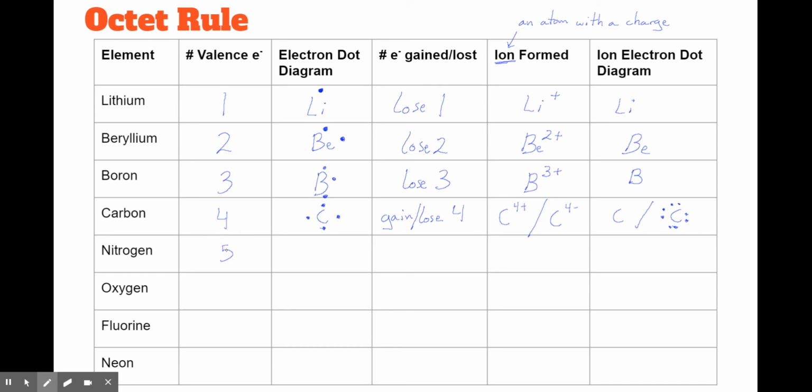Nitrogen and everything in the column with nitrogen has 5 valence electrons. That means that it's going to have 5 dots in its electron dot diagram. Sorry, a little sloppy here. And now we're in the realm of things that are going to gain electrons because it's going to be easier for nitrogen to gain 3 electrons than lose all of the 5 electrons in its valence shell.